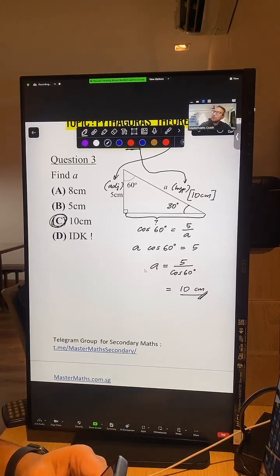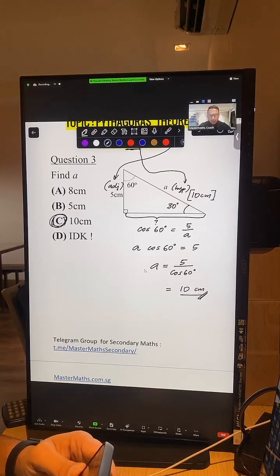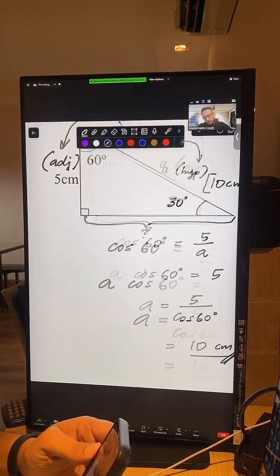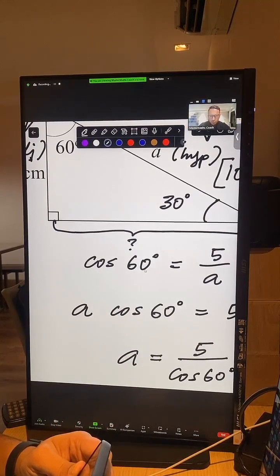Let's see if you all can figure out what the length of the base of the triangle is. Any answers? Those people on Instagram, what's my base going to be? Someone has given an answer, 8.66 cm. Thank you.